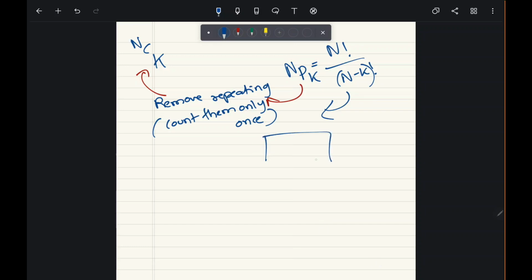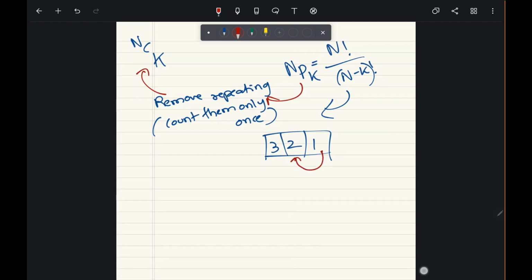Let's say it was the same example as before, maybe 3 2 1. Let's say this number 1 could have been here instead of there. So basically you could have 3 1 2. Whenever 3 is at the first place, the last 2 places can be interchanged, so for the last 2 boxes you always have 2 possibilities.